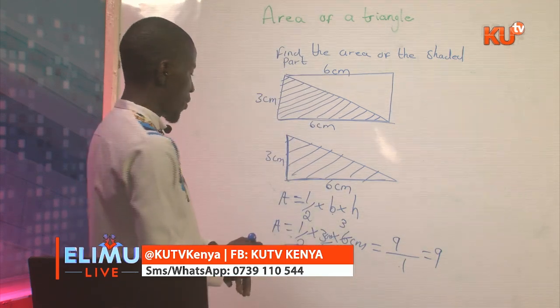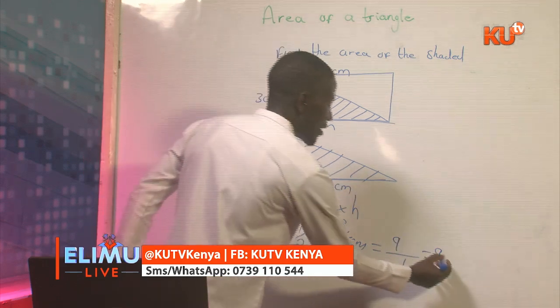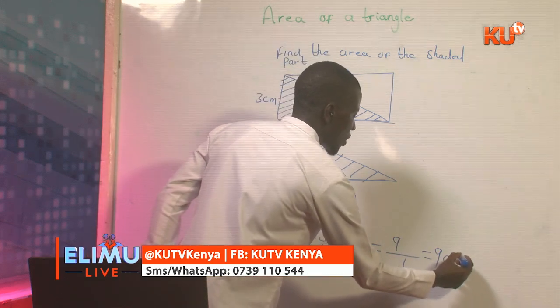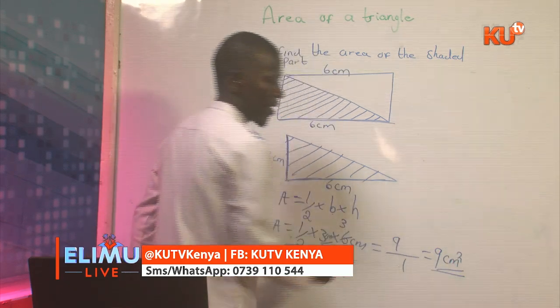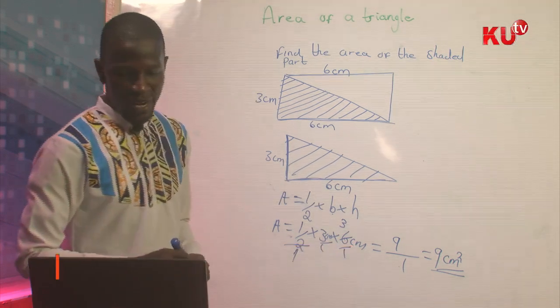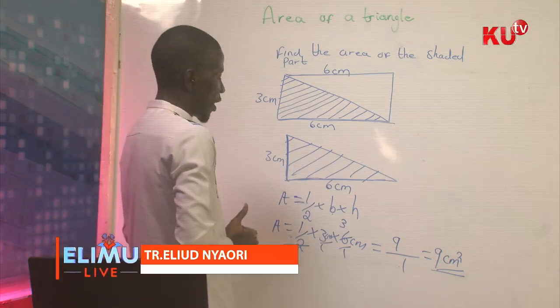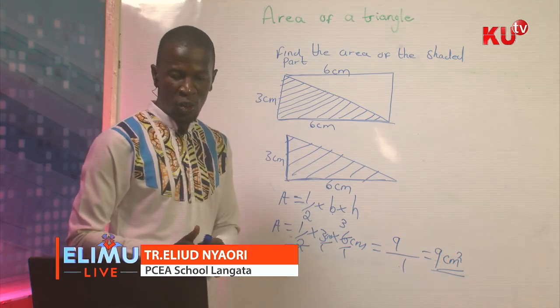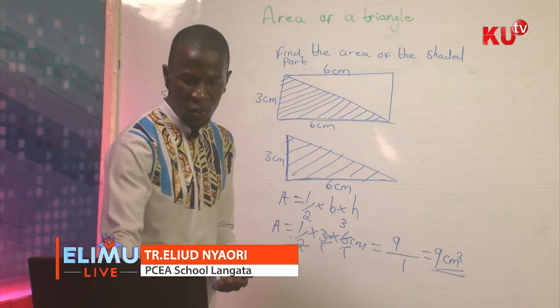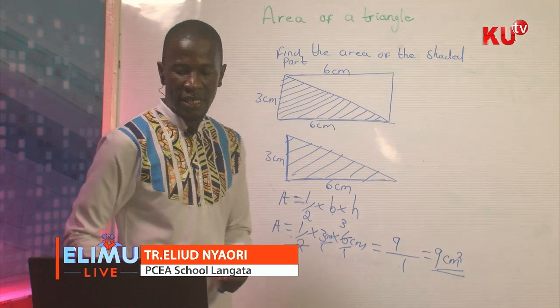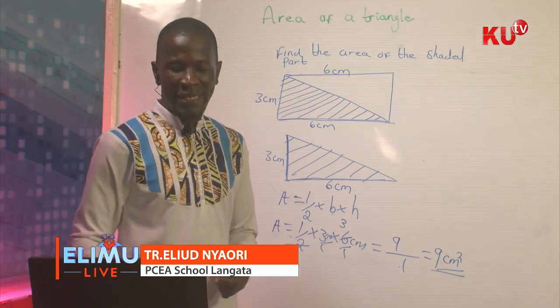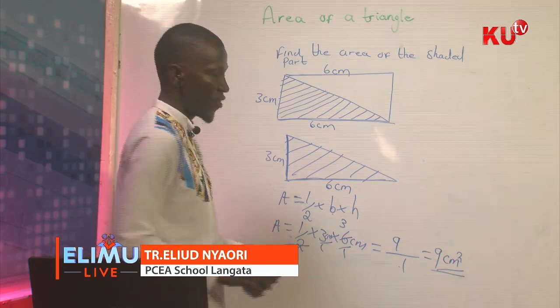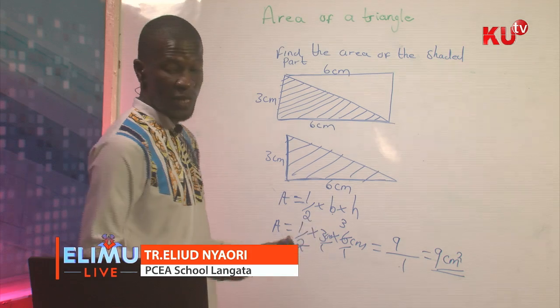So our answer will be 9 centimeters square. I want to believe you have gotten that one right. You can as well use method number 2. But method number 2, we can use it in our next example, which is example 3. So can we move to example 3?